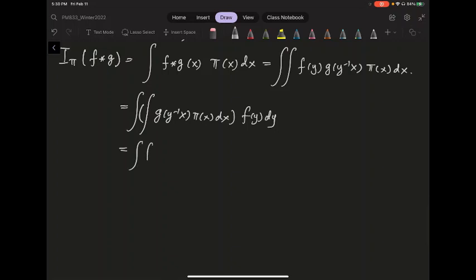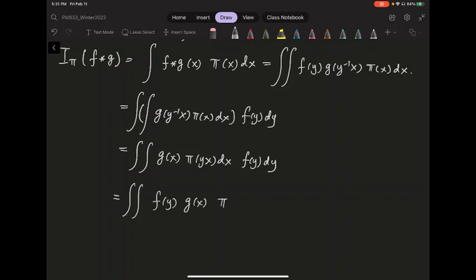So I get the integral of g of x with a pi of yx here, and then dx, and then the whole thing with f of y dy. Now this f of y is a scalar, so it can be moved to the left. So it's the integral of f of y g of x, and since pi is a unitary representation, you have pi y times pi x, with dx dy.